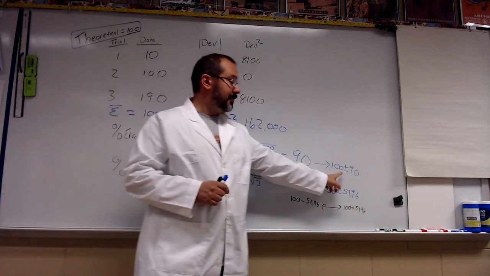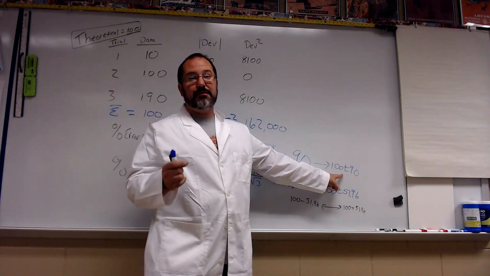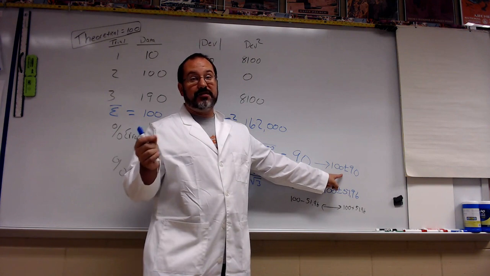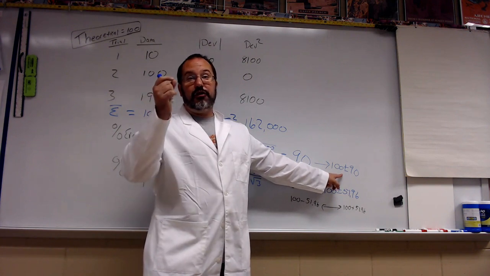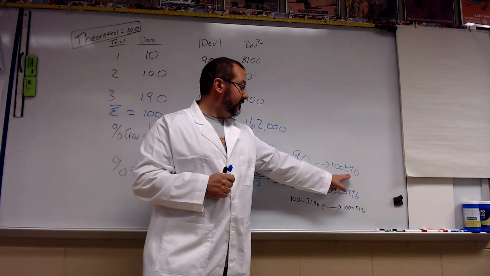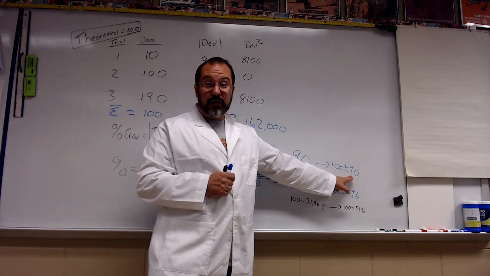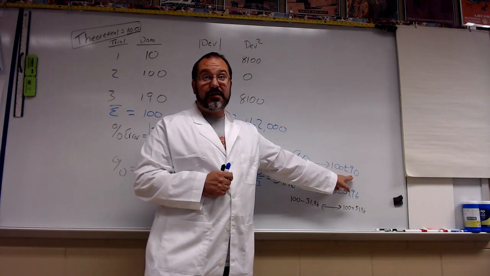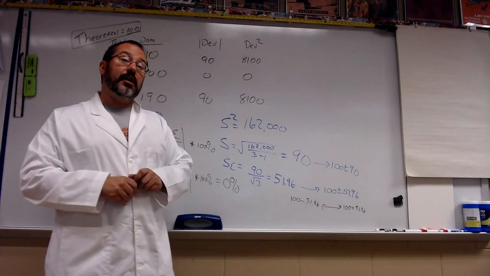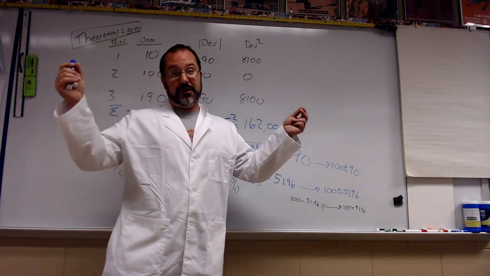If our data is precise and we have multiple precise measurements, we can predict that our next measurement should, within the appropriate statistical value, fall within the acceptable range. So if this was 100 plus or minus 4, then our next measurement would have a high probability to fall within 96 to 104.